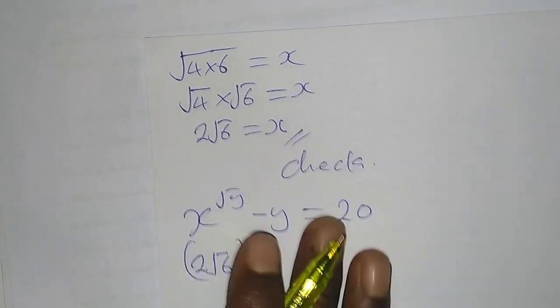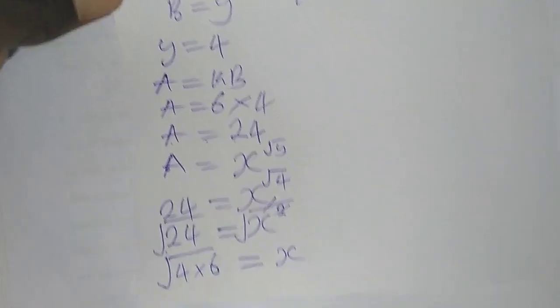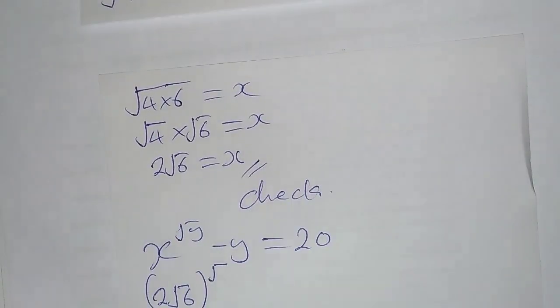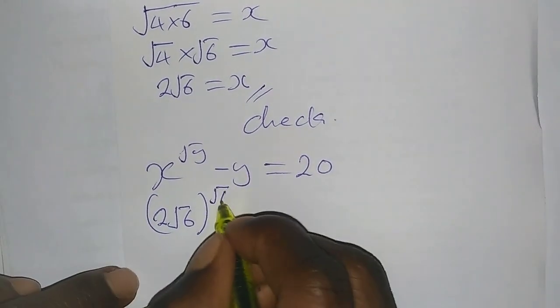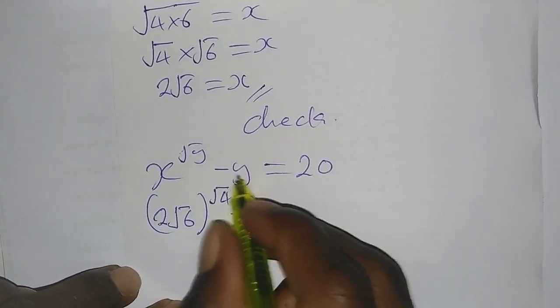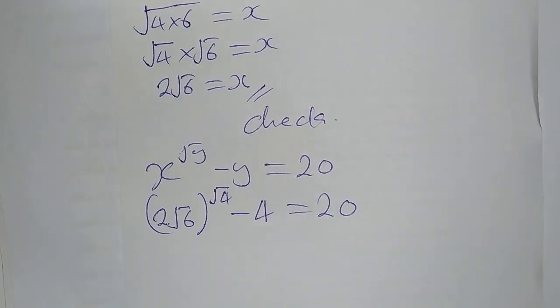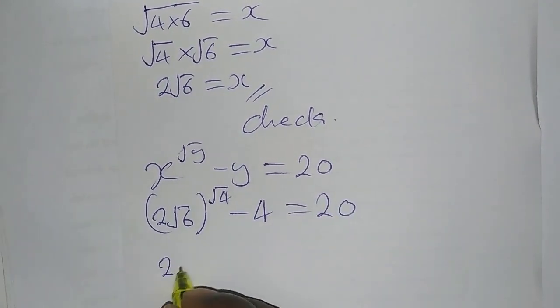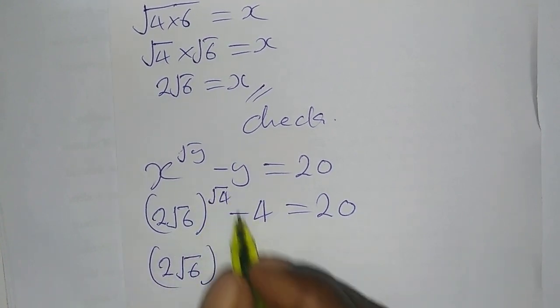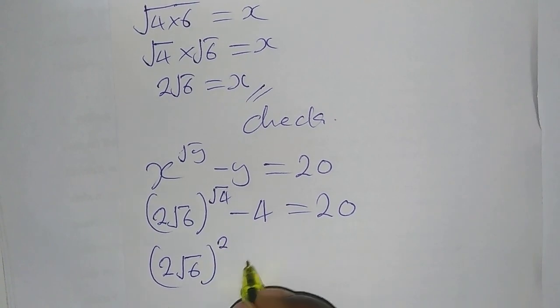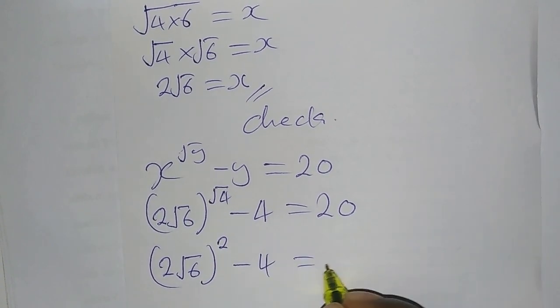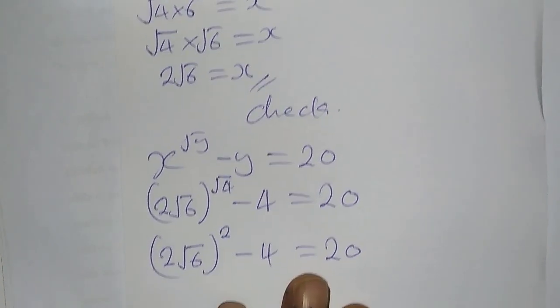But our y in this last solution is 4. Then we use 4 for the root, and y is 4. We put 4 equal to 20. Now we have 2 root 6 to the power of square root of 4, which is 2, minus 4 equal to 20.